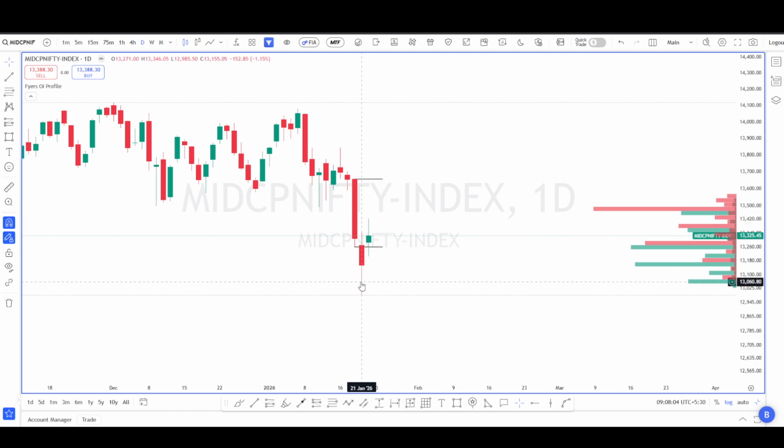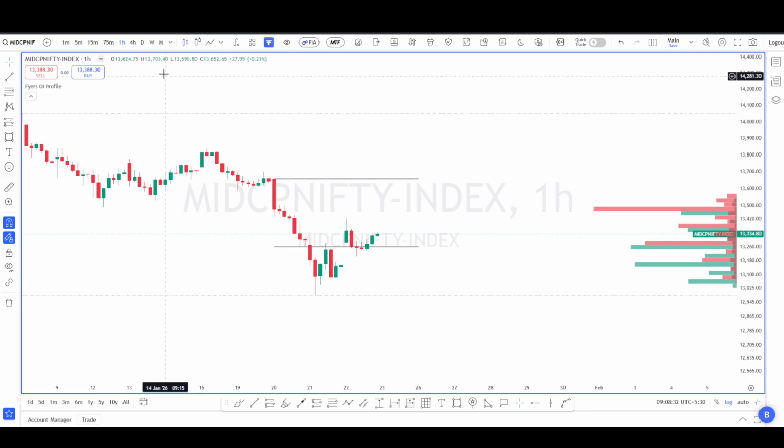On 21st of Jan we no doubt broke that candle, but today on 22nd of Jan, today is not actually 22nd of Jan, sorry for that, my PC calendar has been messed up. So today on 23rd of Jan, we have been trading above this candle's low.